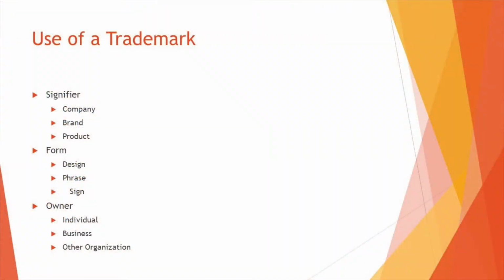At its core, a trademark is a signifier. It's one thing that represents another thing. Now, what it signifies can vary. It can signify a company, it can signify a brand, or it can signify a product. For example, let's take the company Warner Brothers. Any logo, name, or slogan that represents Warner Brothers can be considered a trademark.